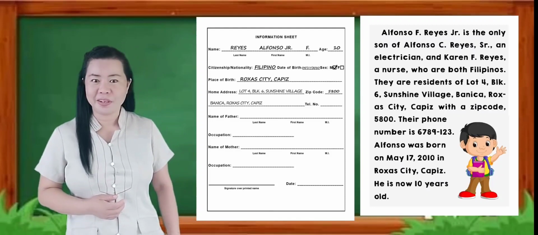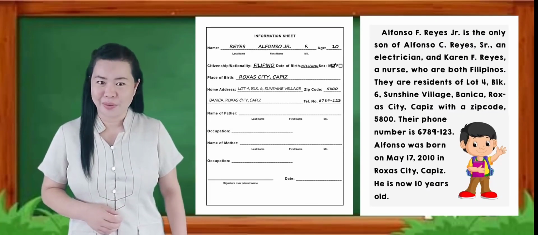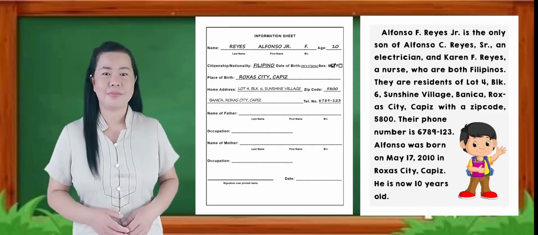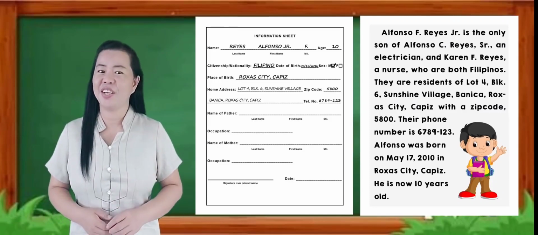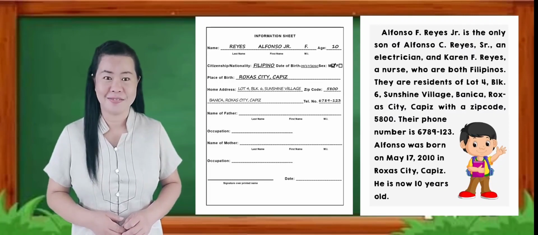For the telephone number, it's 6789-123. What if Alfonso doesn't have a landline? A mobile number will do. If in case they do not have one, then simply put none.